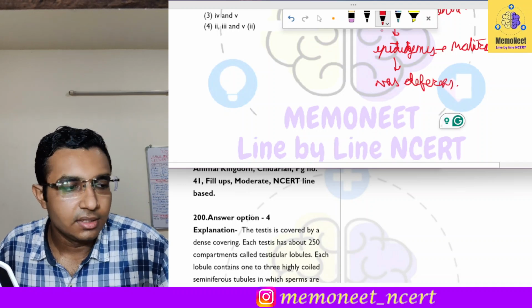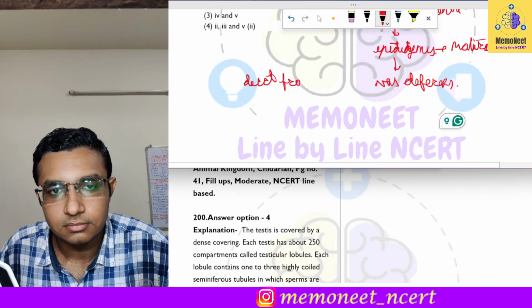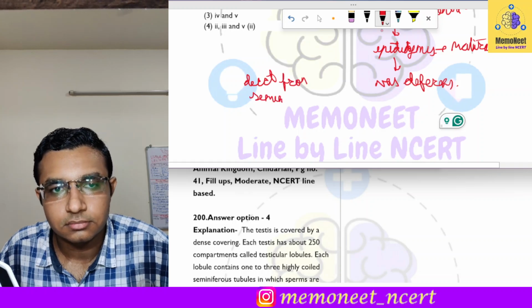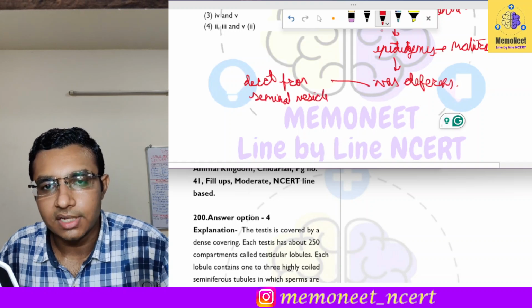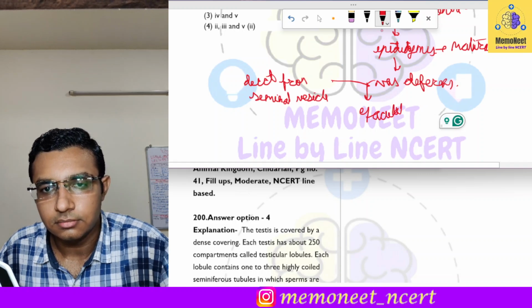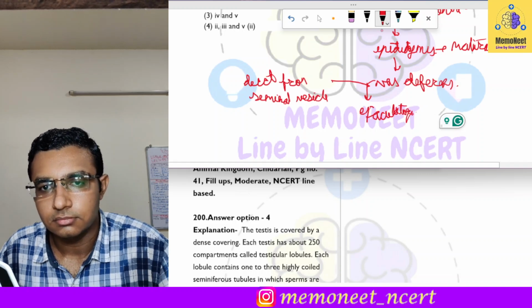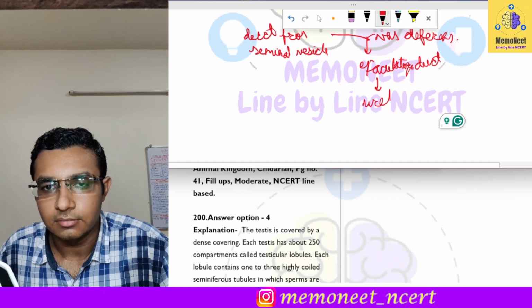Then a duct from seminal vesicles combines with the vas deferens to form the ejaculatory duct, which opens into the urethra.